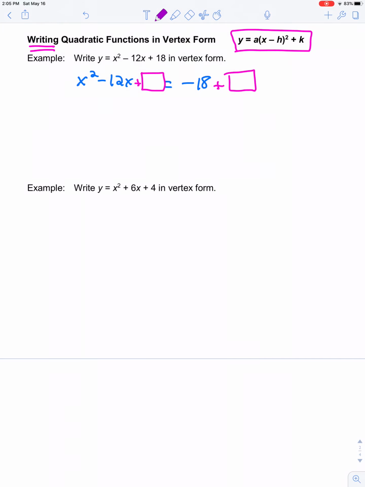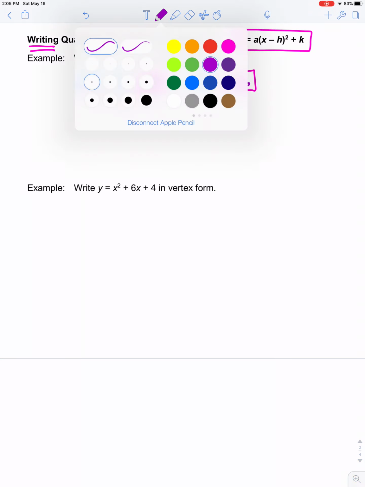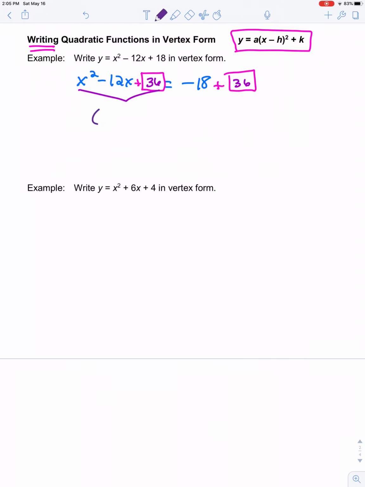We will take half of 12, which is 6. 6 squared is 36. And now this is going to look like this in factored form. x minus 6 quantity squared equals negative 18 plus 36 equals 18.